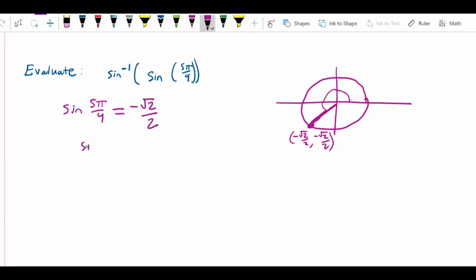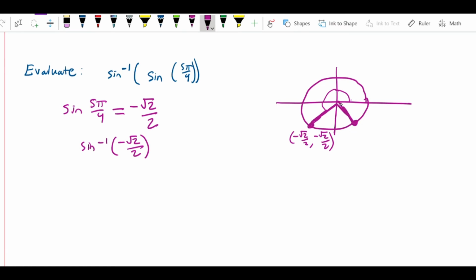So what we're looking for is an angle in the interval negative pi over 2 to pi over 2 whose sine is negative root 2 over 2. First of all, we're looking for a negative y value, and we're looking for one down here. It's going to have the same y value as this point does, but it's got to be in the correct interval.